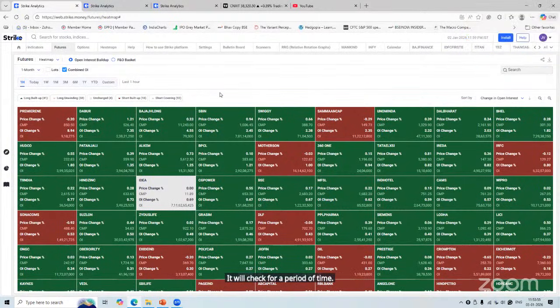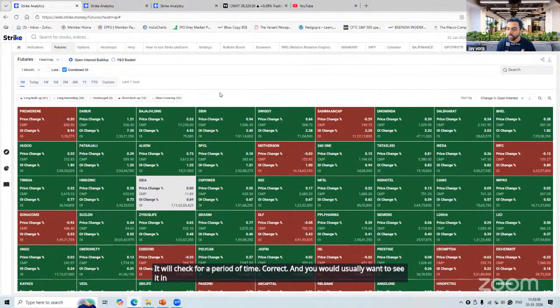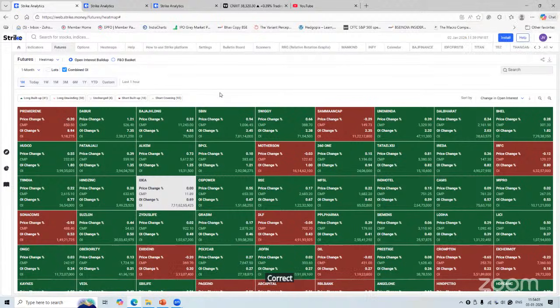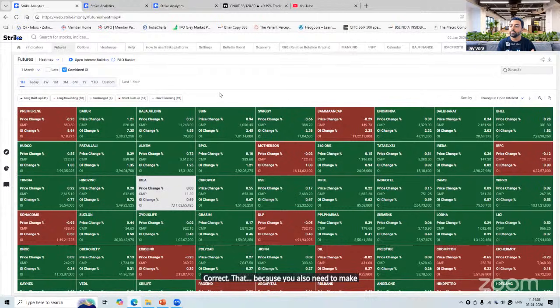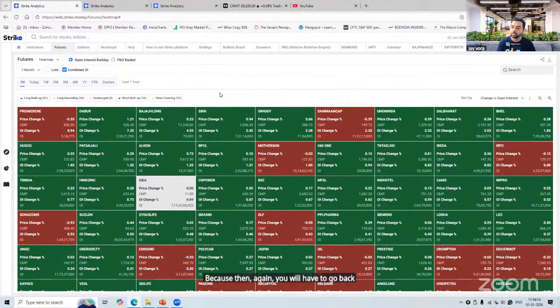You would usually want to see it in percentage change terms. Right, because you also need to make sense of where there is long build up and where there is short build up. Just absolutely looking at OI will not give you anything. Because then again you will have to go back to the chart. So this is the perfect way we found that it can solve the purpose for everyone.